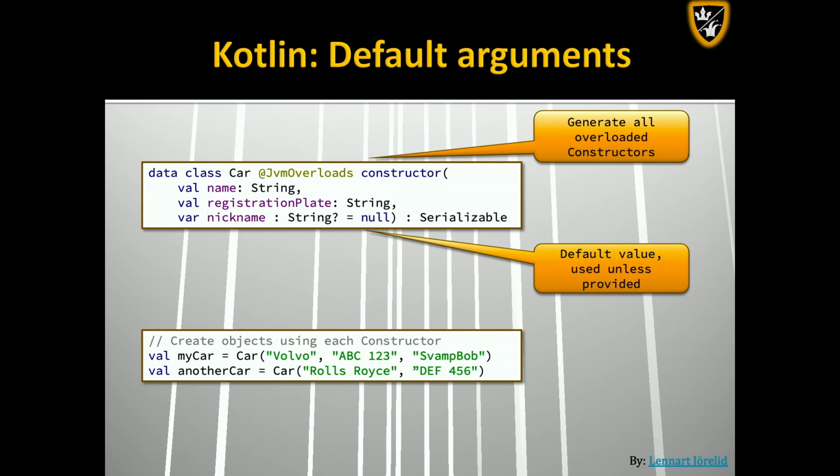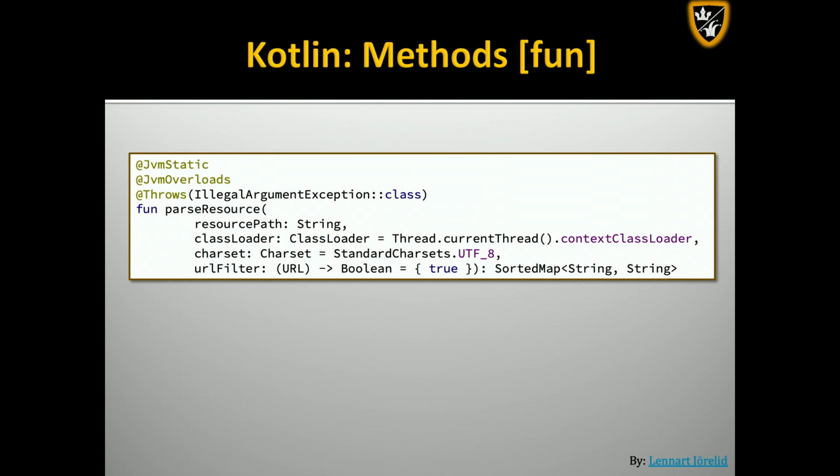So you could create a car both by submitting 3 arguments and 2. And it would do, in this case, a null nickname. And in this case, it would be the Swedish equivalent of SpongeBob. So I guess the suspension of that car would be somewhat interesting.